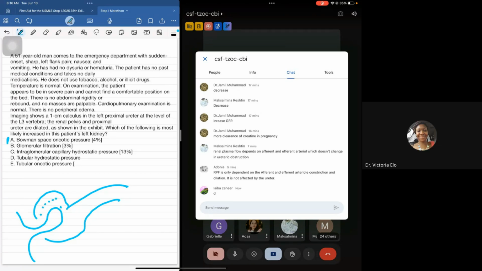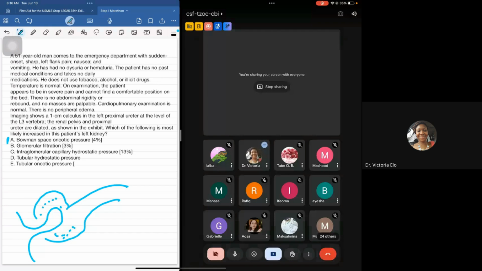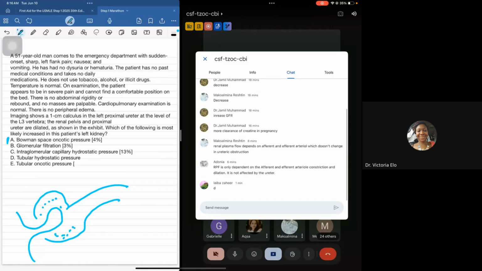So the Bowman space oncotic pressure is usually zero, because no protein can come out of the glomerular capillaries and go here. But when a patient has nephrotic syndrome, diabetic nephropathy, or minimal change disease, the proteins are going to leak here, and the Bowman space oncotic pressure is going to increase.